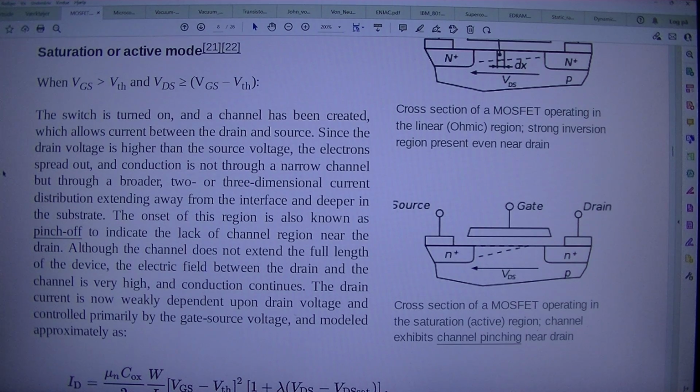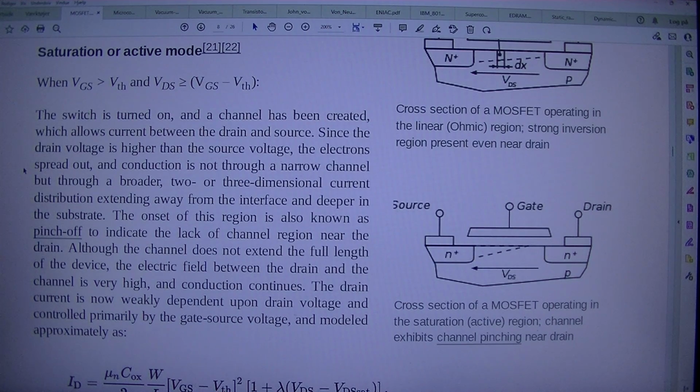The onset of this region is also known as pinch-off to indicate the lack of channel region near the drain. Although the channel does not extend the full length of the device, the electric field between the drain and the channel is very high, and conduction continues.